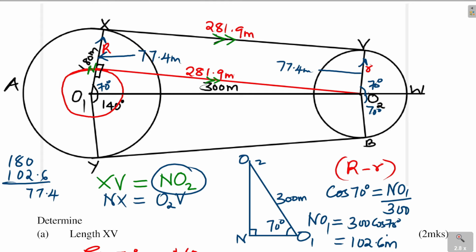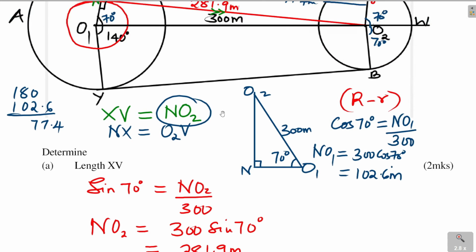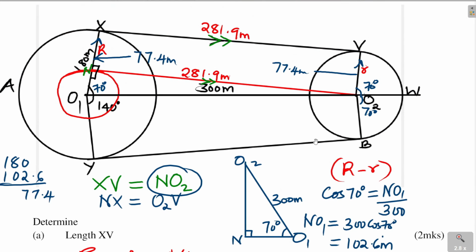Now, having the radius and the angle at the center, we can proceed and get the length of the arc. The length of the arc is given by theta over 360 multiplied by 2 pi r, where theta is the angle at the center. We got the angle at the center as 140.